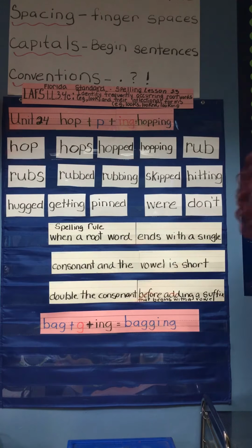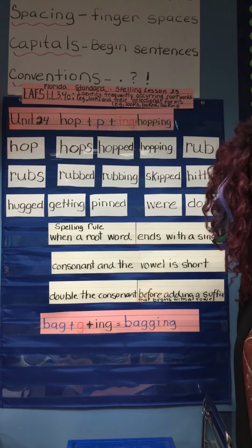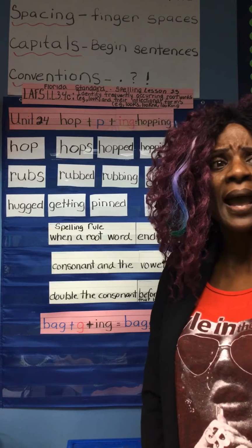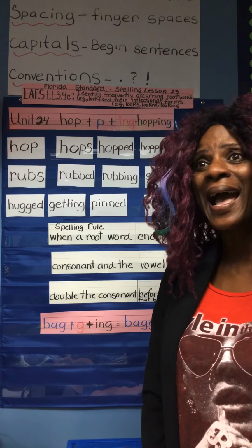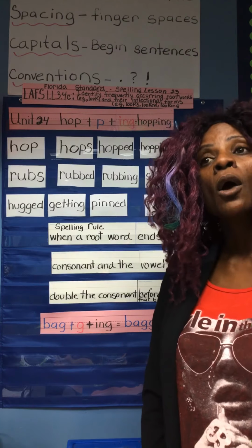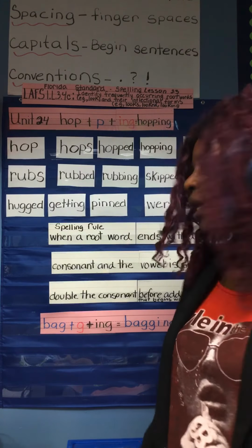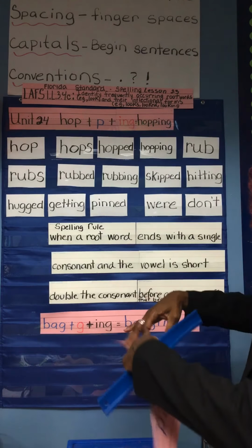Okay, that's the rule for doubling consonants, because most people do get confused. When do I double the consonant? When do I add two consonants to a word? Well, this is one way that we know how to do that. Let's look at another one.